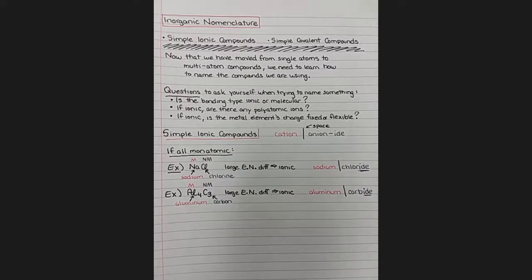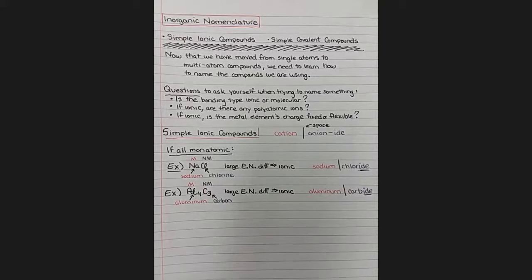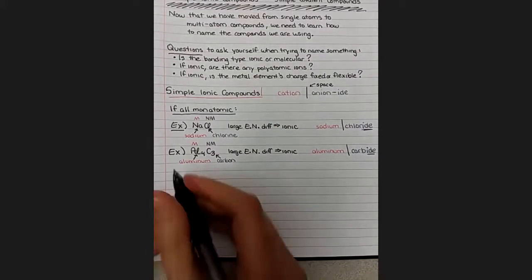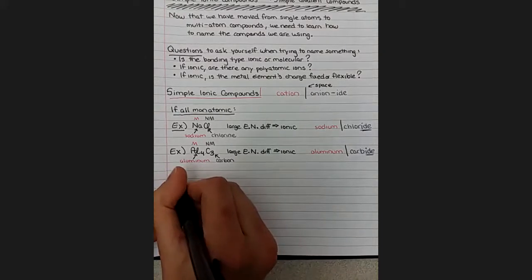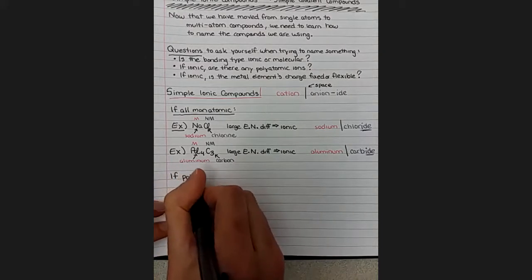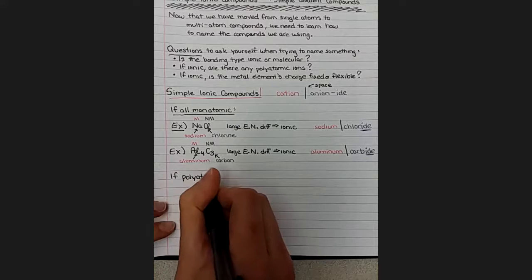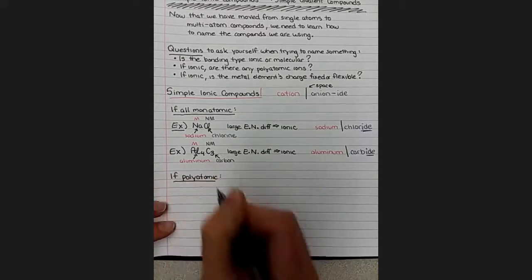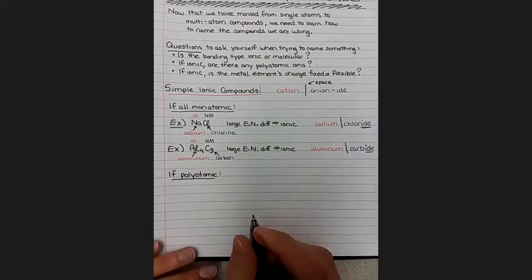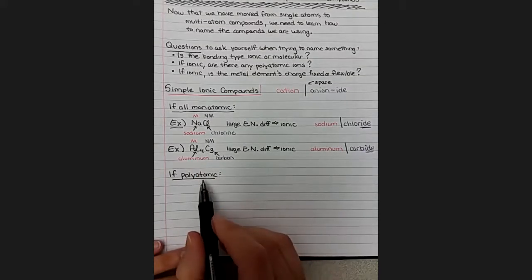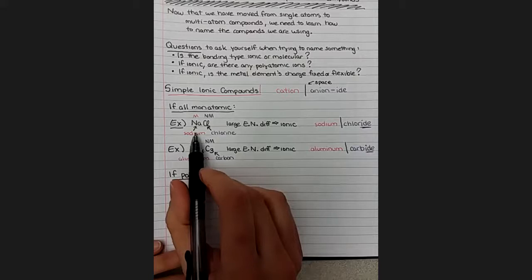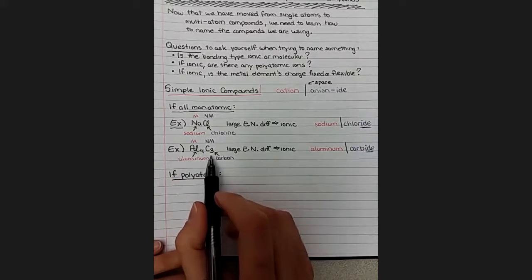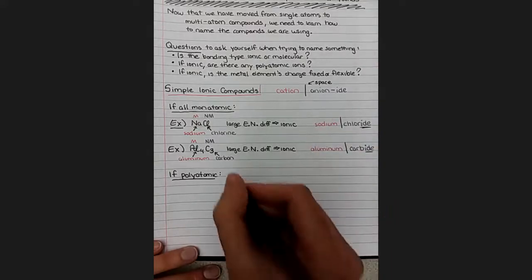All right, so far so good. But remember, when we talked about ions, we said that there were monatomic ions and there were also polyatomic ions. So what should we do if we find an ionic compound with one of those? There's a very simple adjustment, and that adjustment is if the polyatomic ion is the cation, there's no change, and if the polyatomic ion is the anion, we leave out that ending.